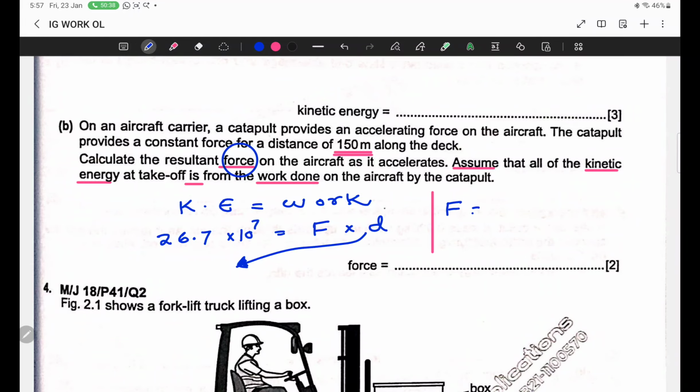So F equals 26.7 exponent 6 divided by D, and D is 150 meter. If you divide these two numbers, then obviously you can calculate force.